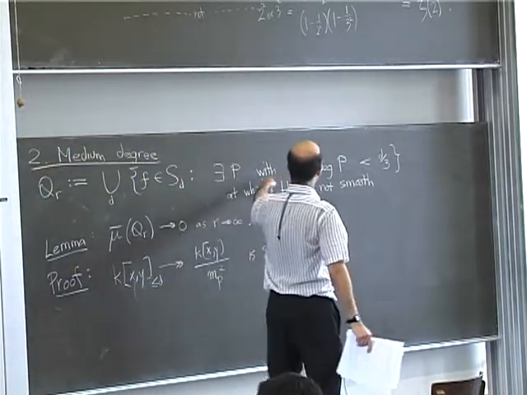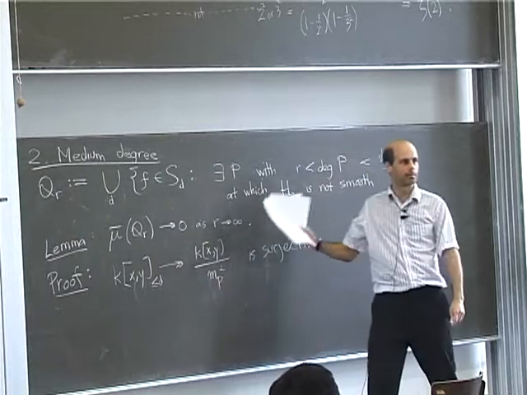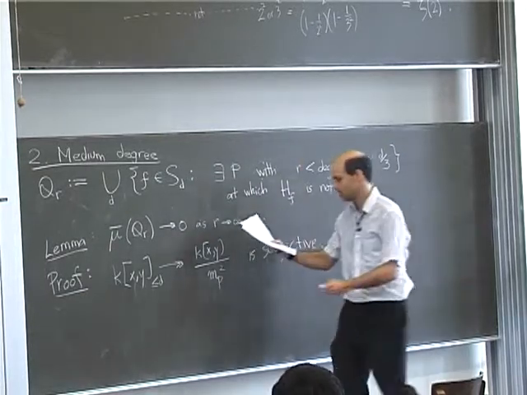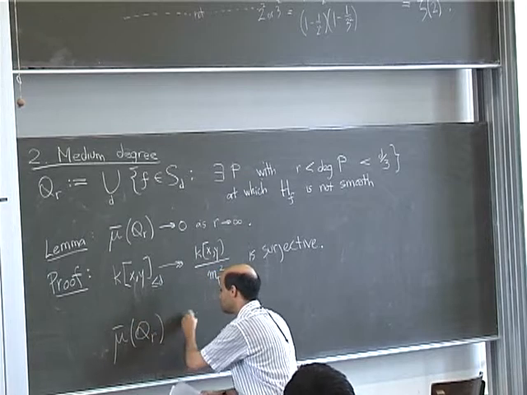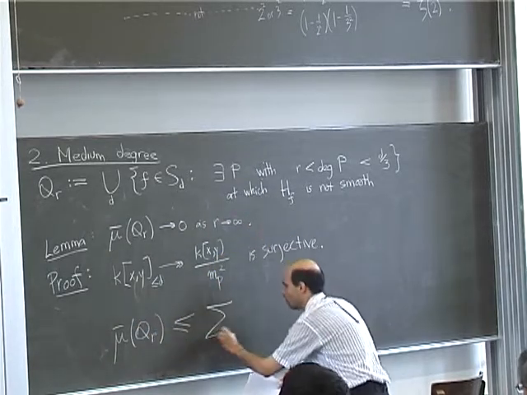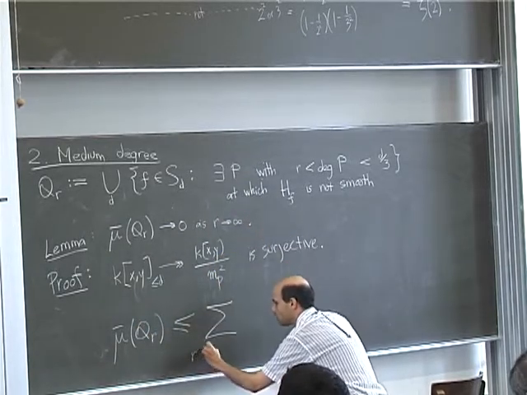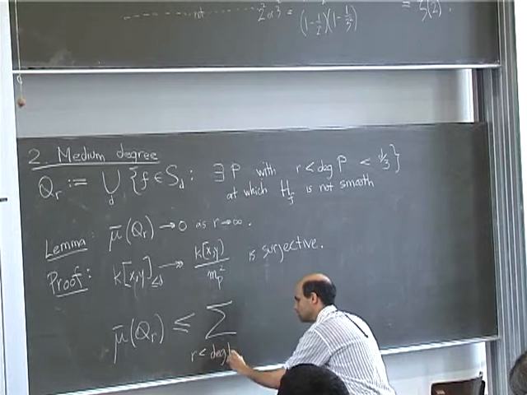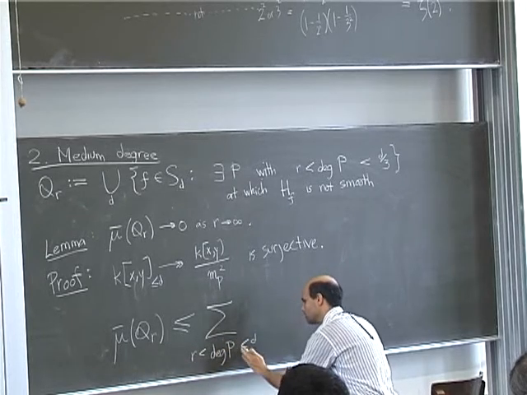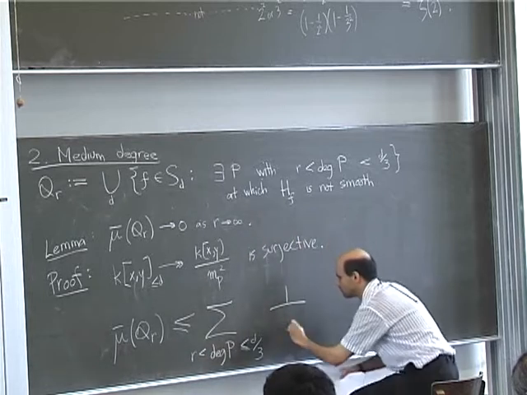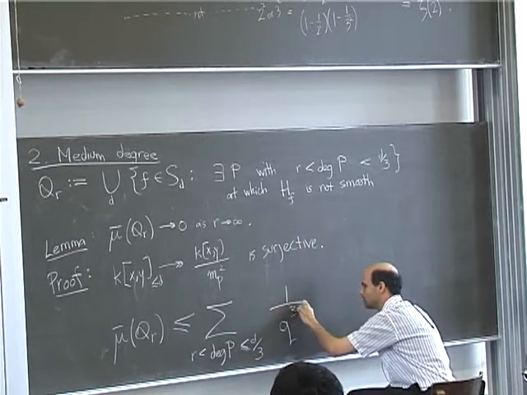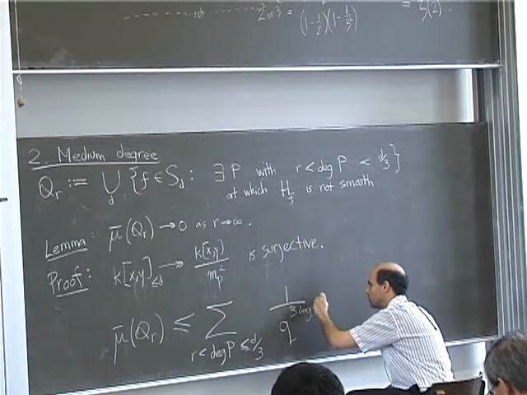And then I need to add that up over all primes. So the upper density of this q sub r will then be at most the sum over all p's in this degree range of 1 over q to the 3 degree of p.